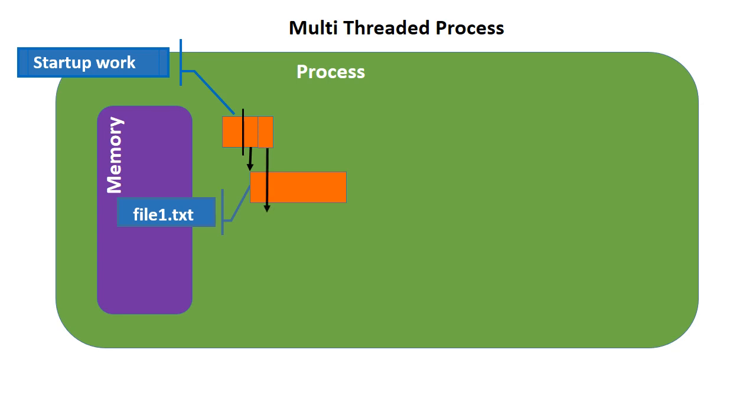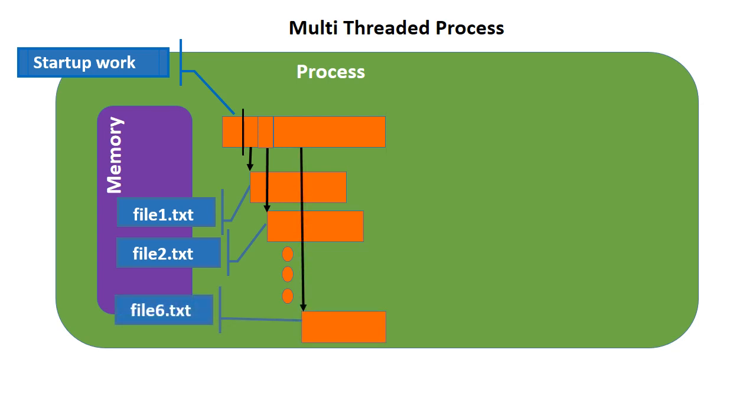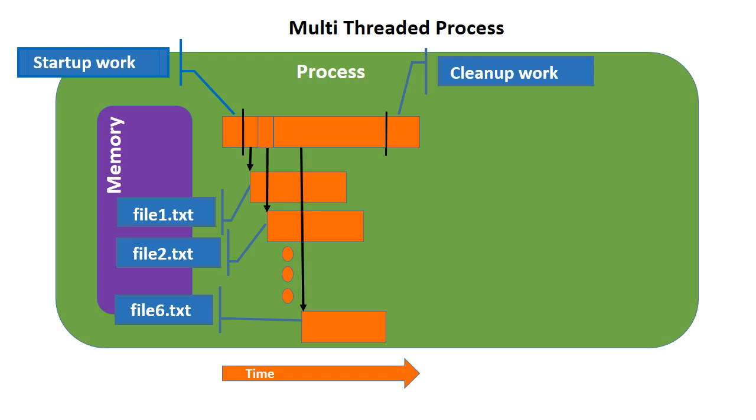Likewise, it starts another thread for file 2 and it does the same up to file 3, file 4, file 5 and file 6. Afterwards, it does the cleanup work and the time is very much reduced here.